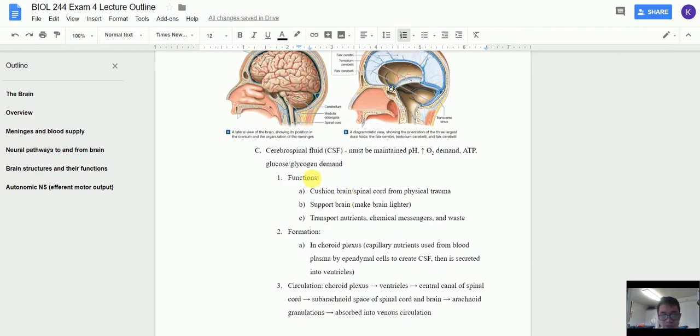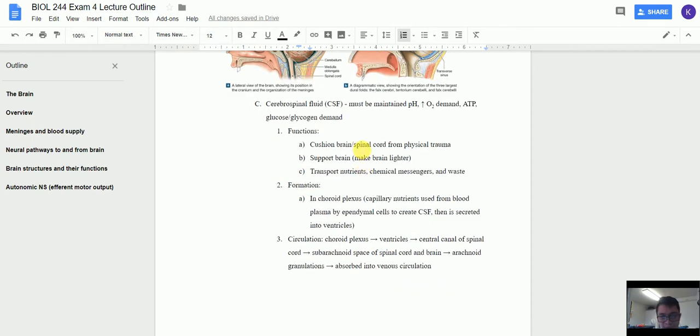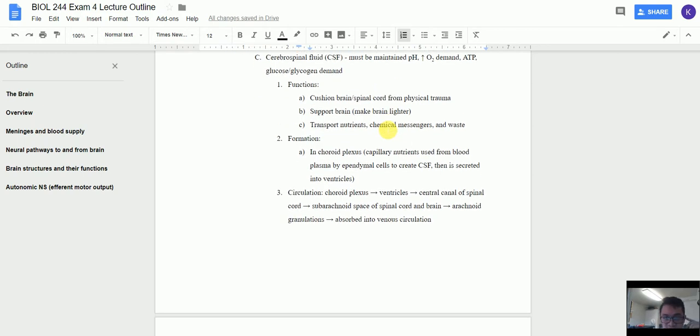So some of the functions of the cerebrospinal fluid: it's maintained by pH, oxygen demand, ATP, and glucose demand. Some of the functions include cushioning the brain and spinal cord from physical trauma, supporting the brain, making the brain lighter, and transporting nutrients, chemical messengers, and waste.